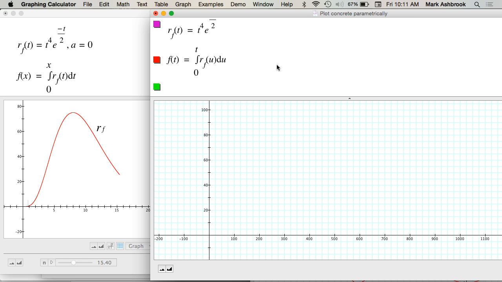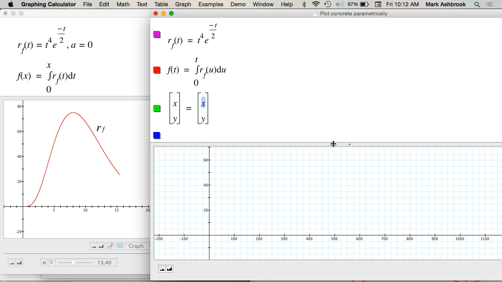In GC, if you do control 2, remember control 2 gave us points, right? So that's essentially what a parametric function is. It's going to graph a set of points. So we use control 2 that gets us a point, and then we say equals, control 2 again. And what does x equal here in this relationship? He wants f of t.